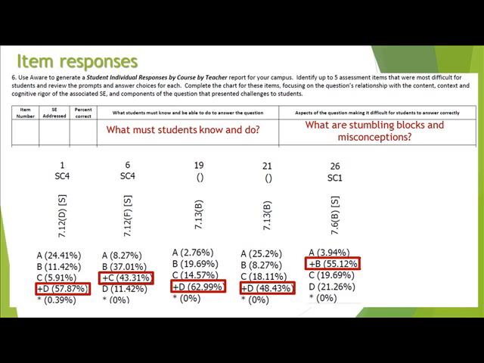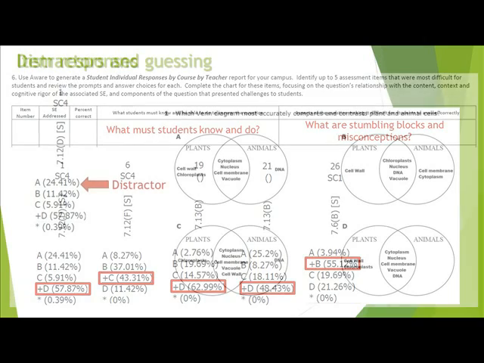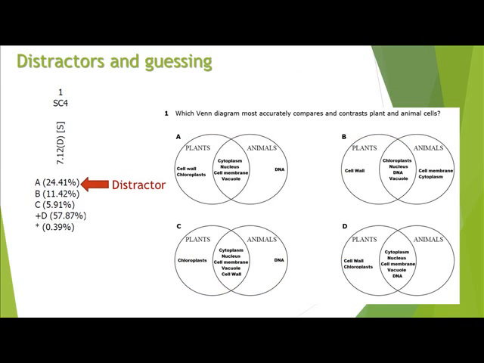Looking at the distribution of answer choices may help teachers to identify some common misconceptions that students may have. Looking for powerful distractors can provide information about these misconceptions. In this item, 24% of students incorrectly selected answer choice A, rather than the correct answer D. Viewing the test item will help to stimulate discussion about why a high frequency of students may have chosen this particular incorrect answer choice.